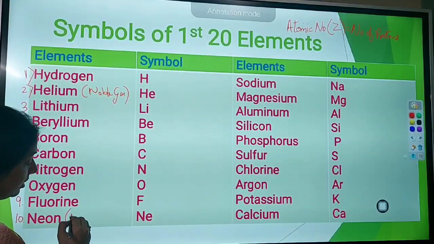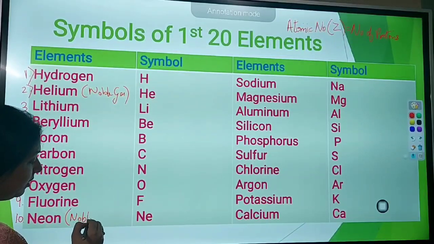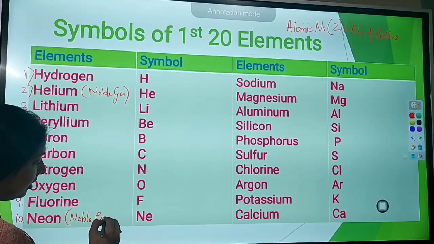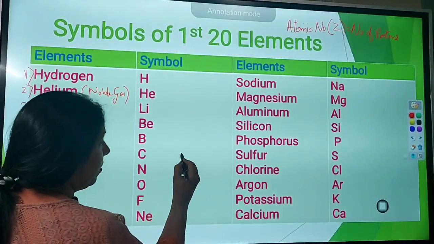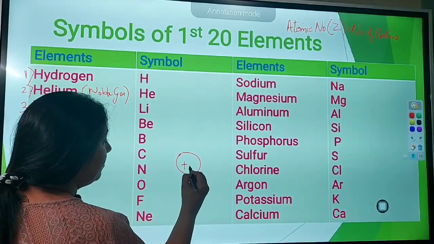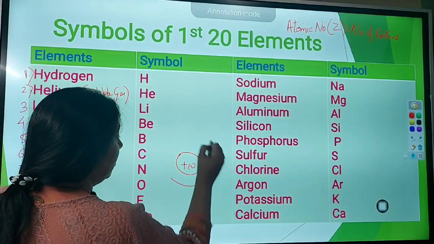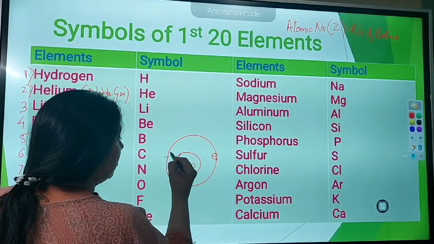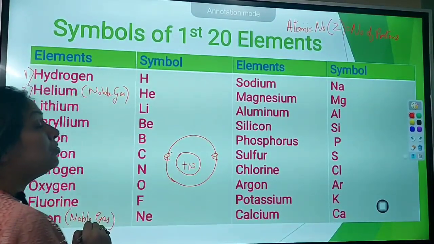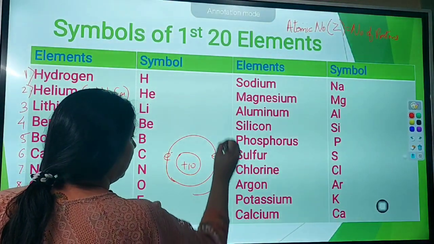Again, neon is a noble gas. How? Plus 10. It's on 10, so plus 10. 2 electrons, 10 minus 2, 8.